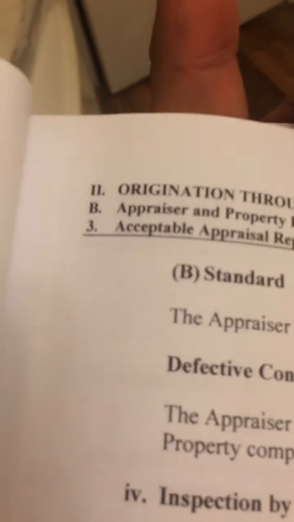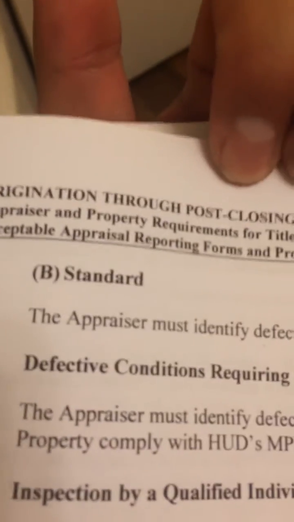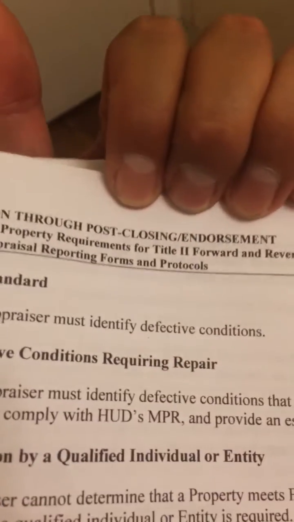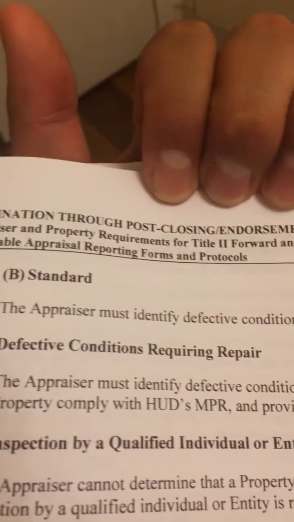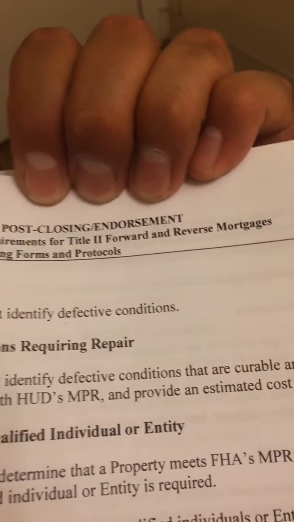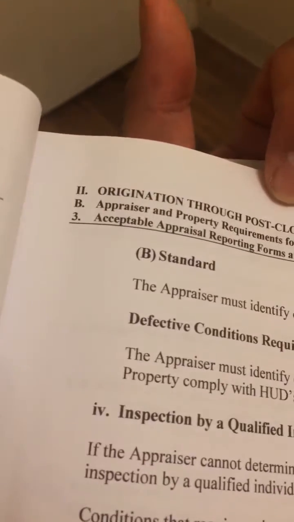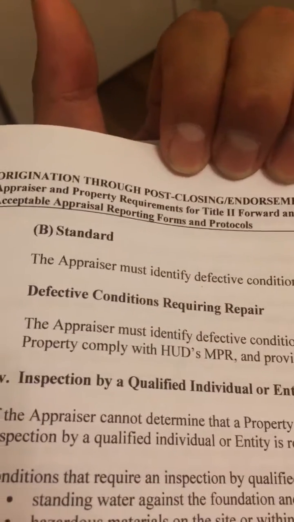Page 17. 2. Origination through post-closing/endorsement. B. Appraiser and property requirements for Title II forward and reverse mortgages. 3. Acceptable appraisal reporting forms and protocols.